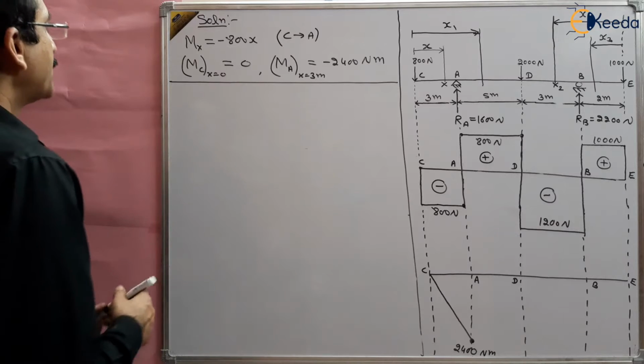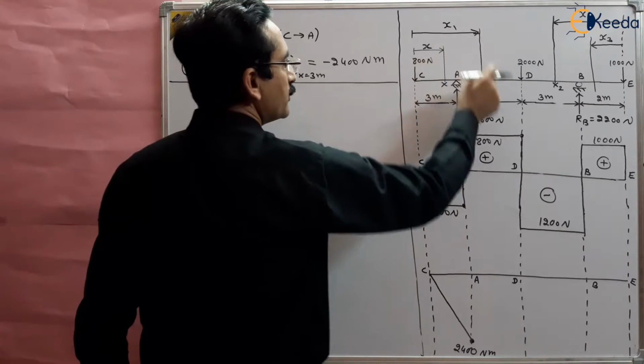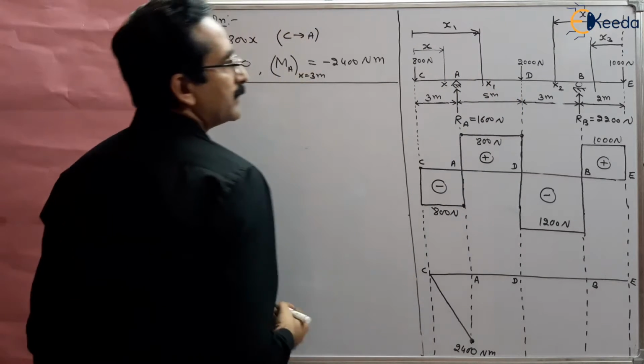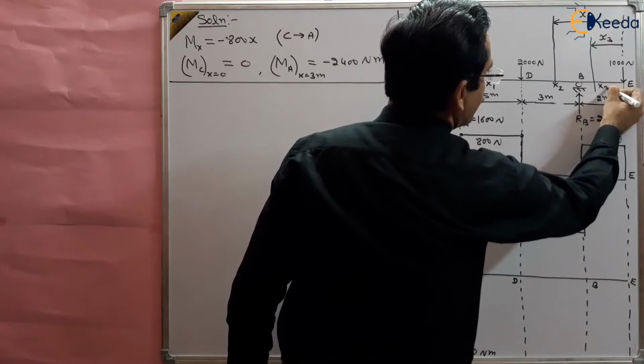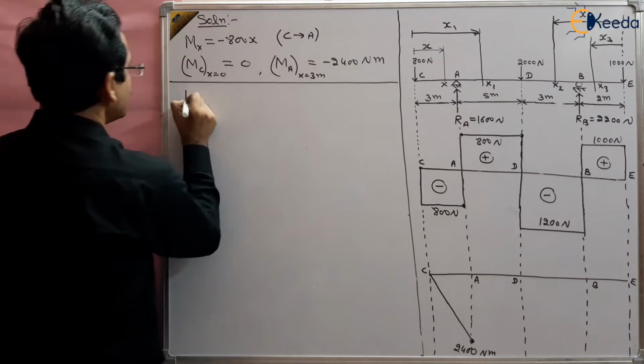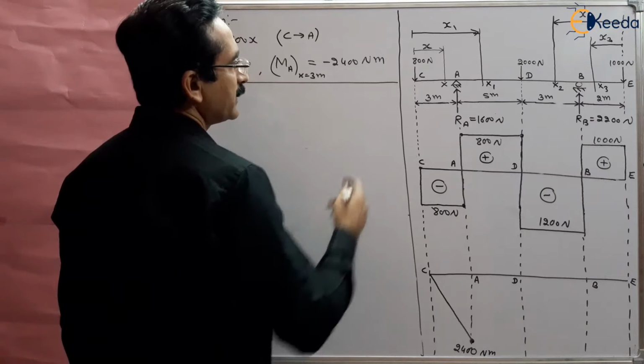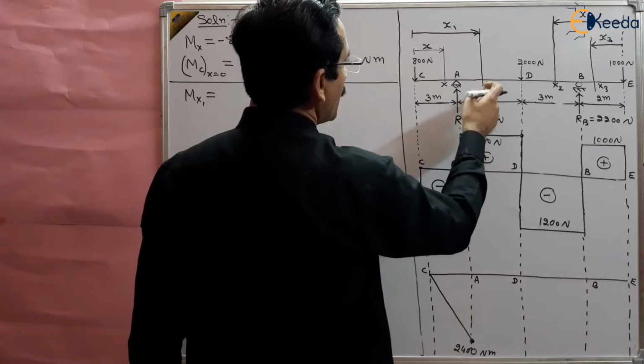Now between A and D, we have already taken the section A to D. This is x1, at a distance x1, right? So find out the bending moment at x1, mx1, that is equal to the moment of 800 about x1.